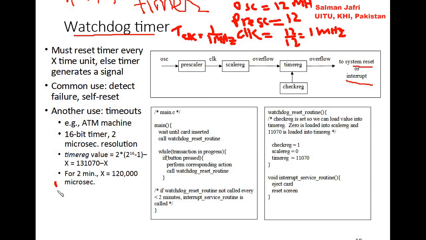So time period for clock is 1 microsecond. Now it's given that the scale register is 11 bits and time register is 16 bits.